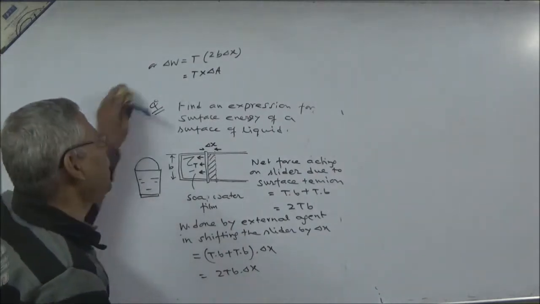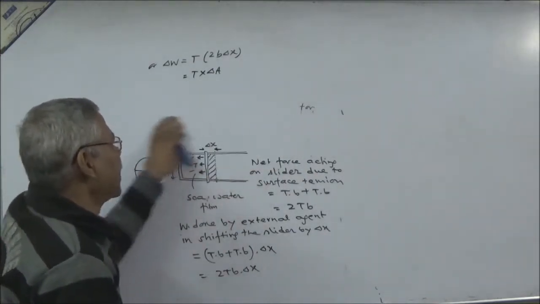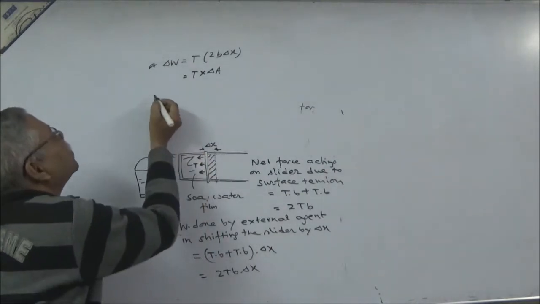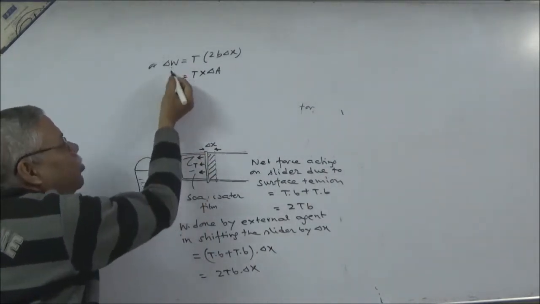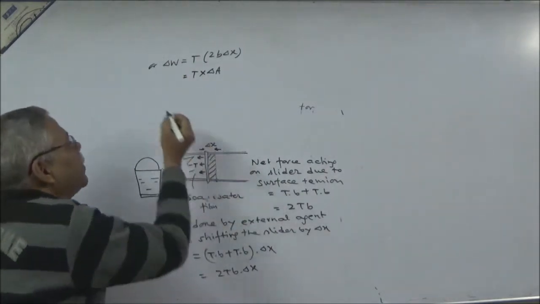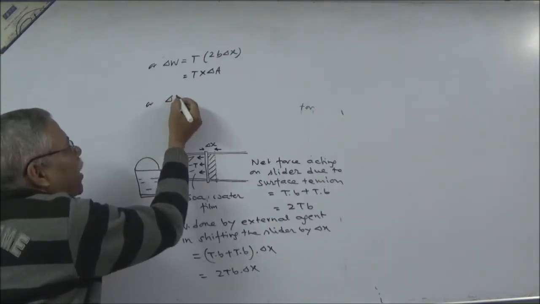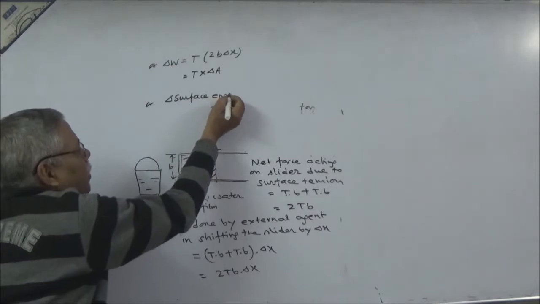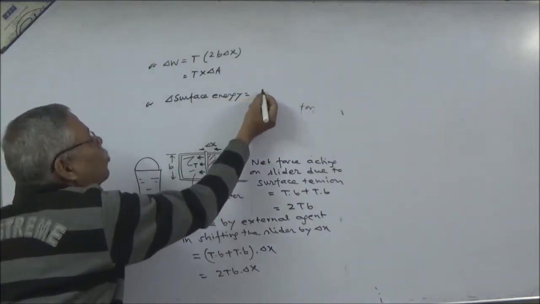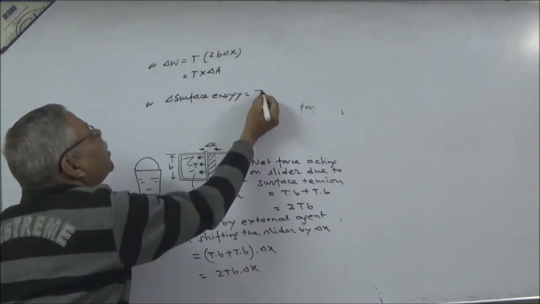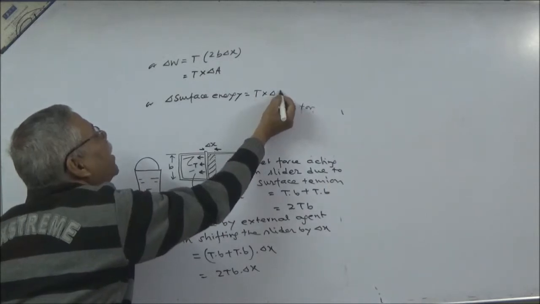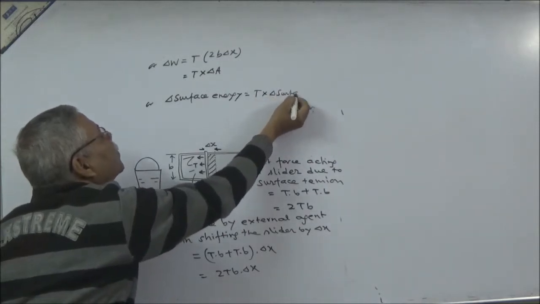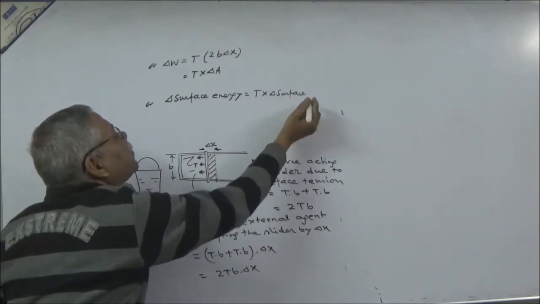Okay, so we get an important formula, and this work converts into surface energy, or change in surface energy equal to surface tension T into change in surface area.